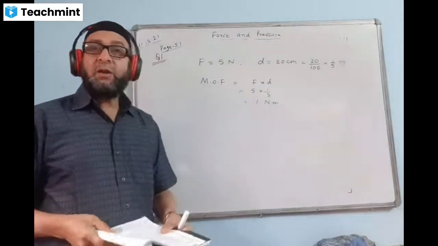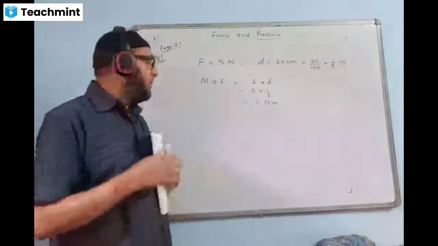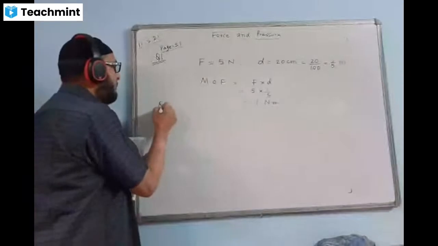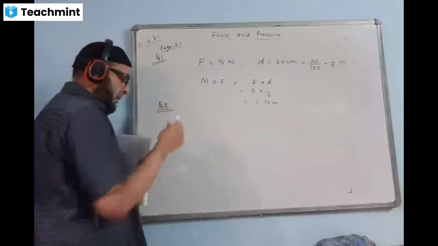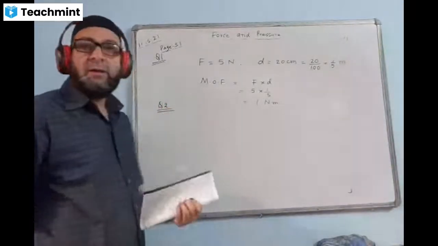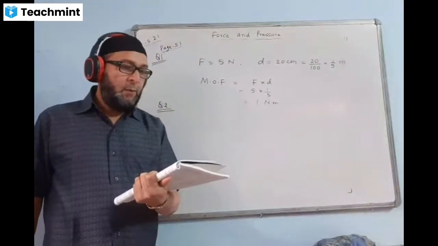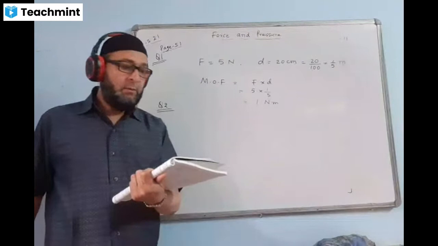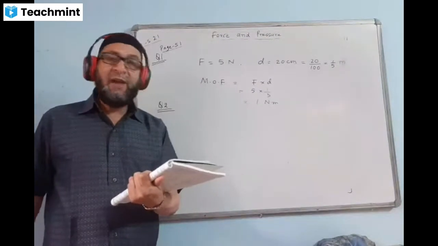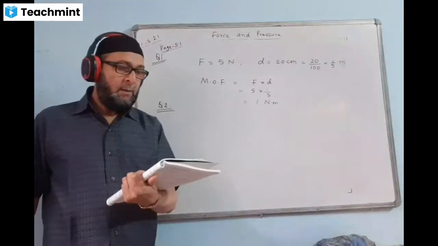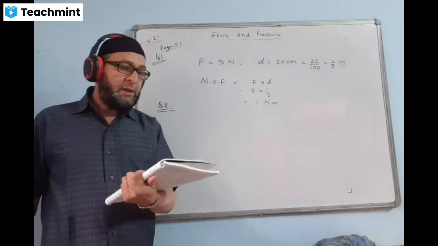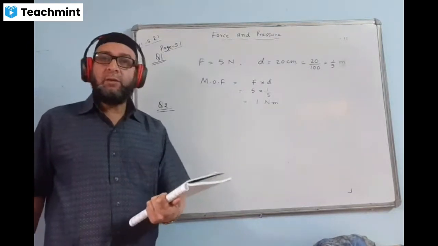Now we are doing question number 2, example number 2 of the same page. I read the question once, it is there in your book also. The moment of force of 10 Newton about a pivot is 5 Nm. Calculate the distance of force from the pivot.